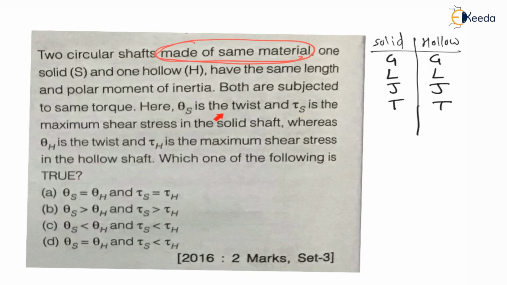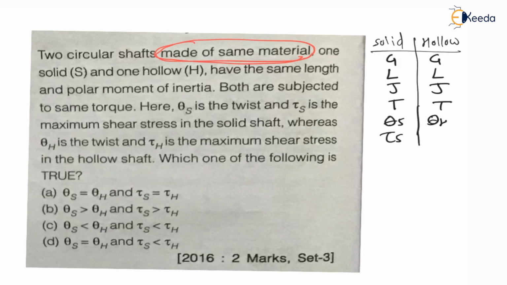Where theta s is angle of twist and tau s is maximum shear stress in solid shaft. Then theta h is angle of twist and tau h is maximum shear stress in hollow shaft.